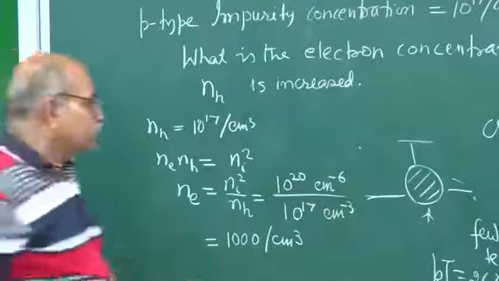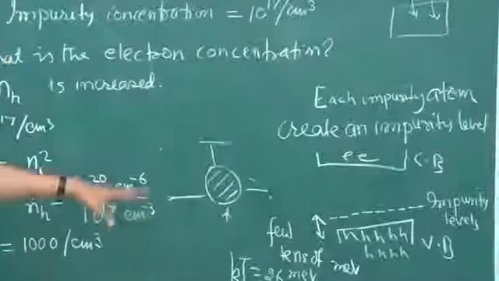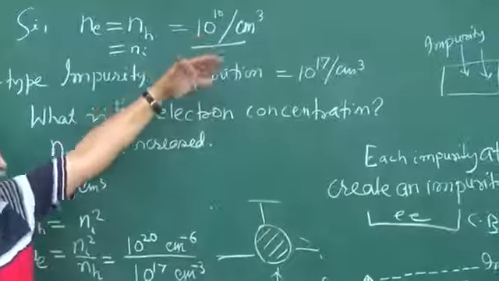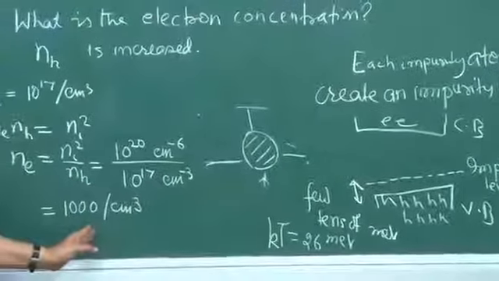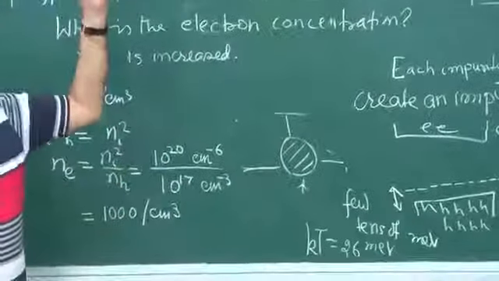So these will be the number of electrons here. When there was no doping, that number was also 10 power 10. But because of this doping, this number has gone down to just 1000, whereas the hole number has gone up to 10 power 17.